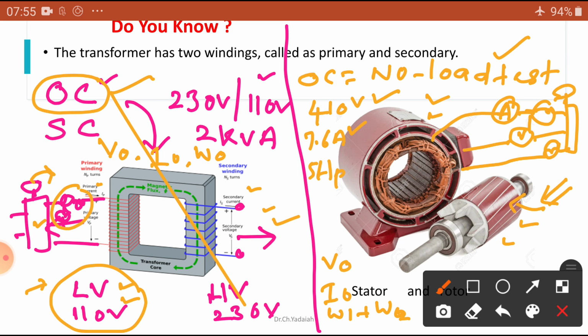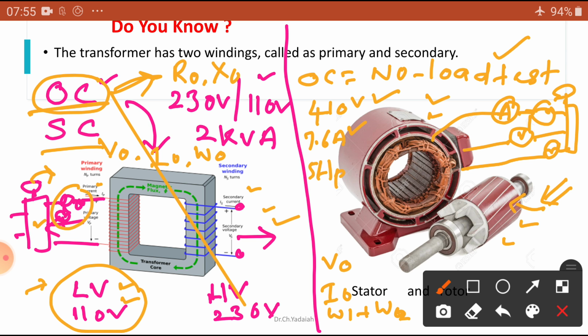Okay. Now, whatever we calculate here is similar to the OC test on our transformer. From this OC test, we are going to calculate the parameters R0 and X0, and at the same time the core losses.